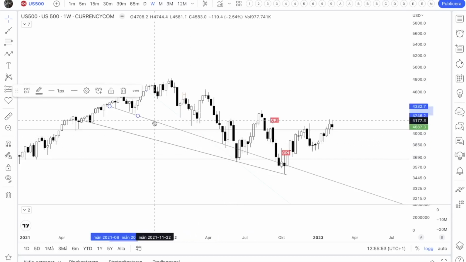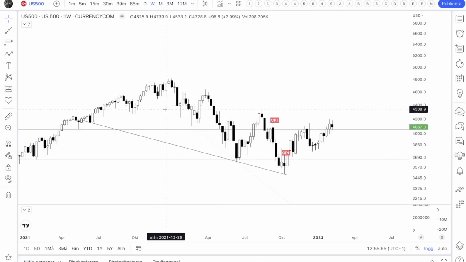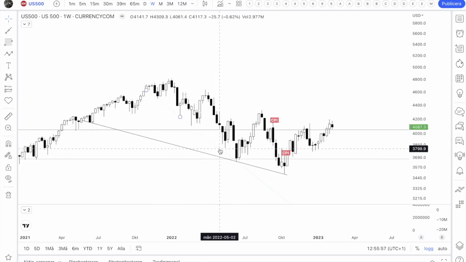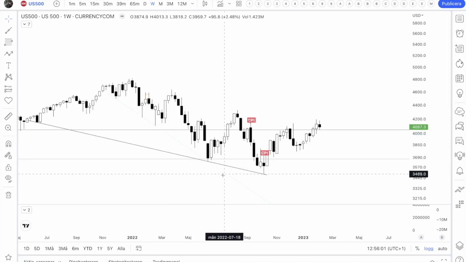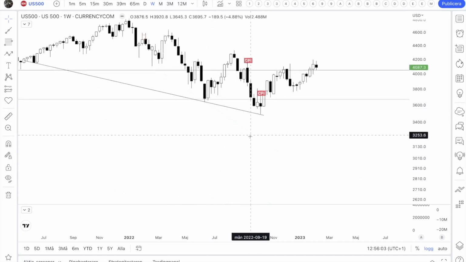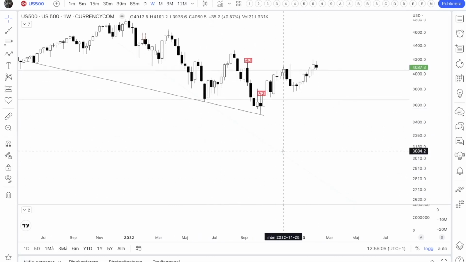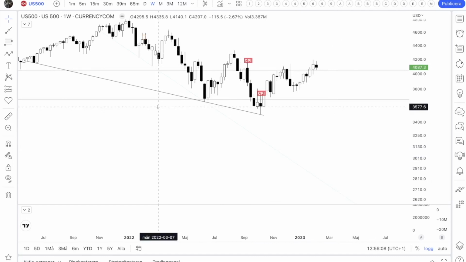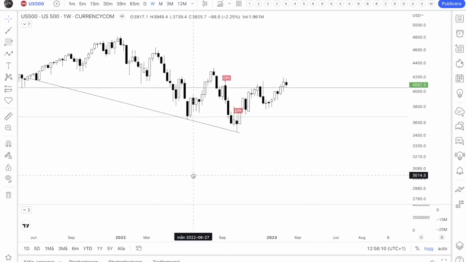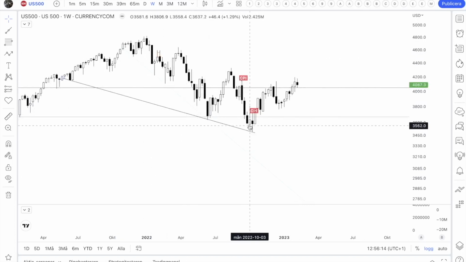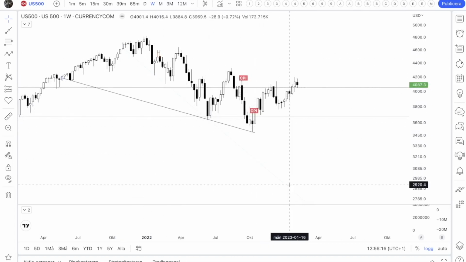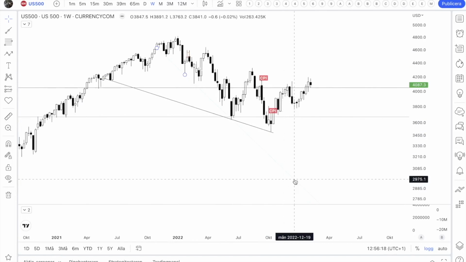Then I think I also had a channel here, and this actually became a broadening range, a very steep one. I can't expect that one to fall all the way down maybe, but it's one way price could go depending on what happens in the market. If it had gone down there, we could have come down to maybe 3,000.